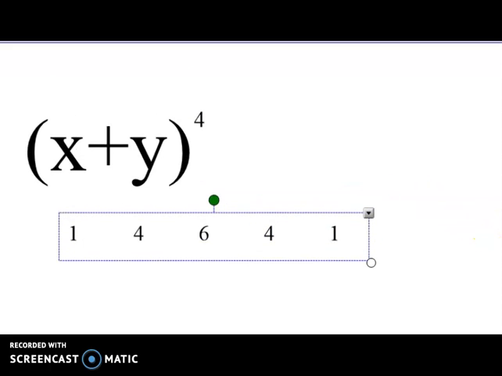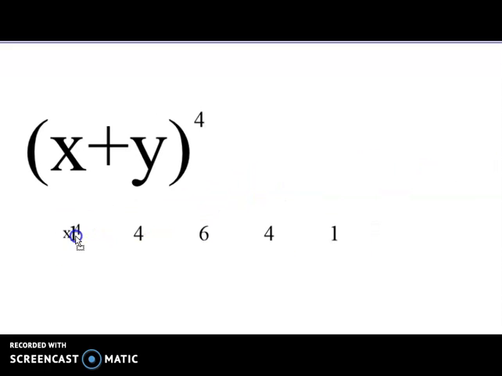So all I do now is I take my x to the power of 4, then x to the power of 3, then x to the power of 2, x to the power of 1, then my y to the power of 4 starting from the back, then I'll have y to the power of 3, y to the power of 2, y to the power of 1. And you will notice that all these powers add up to 4 in every case here.